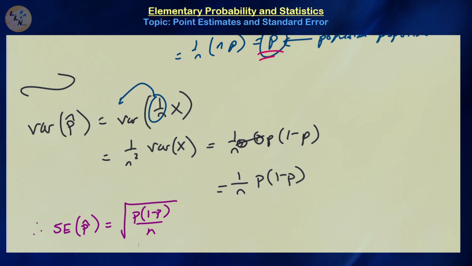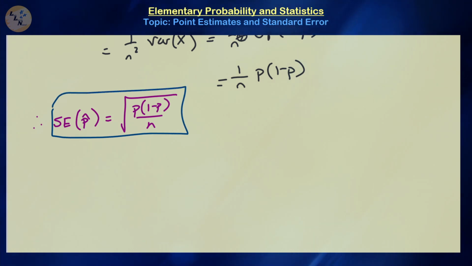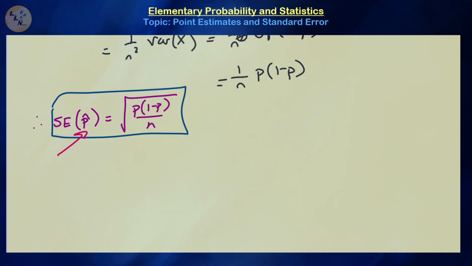Now this is a very nice looking formula, but there is one slight caveat to it. Because remember, we're using p hat to estimate the population proportion p, but in order to find the standard error for p hat, we actually have to know what p is. So that sort of defeats the purpose of using p hat as an approximation for p. So what is a good approximation for this object?